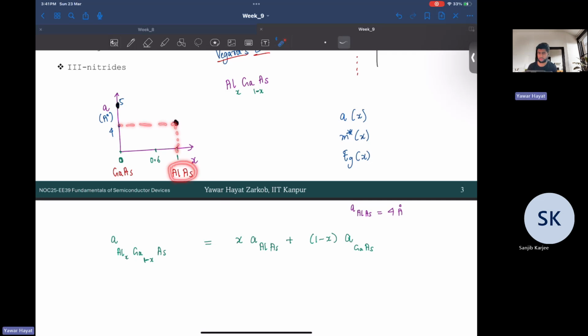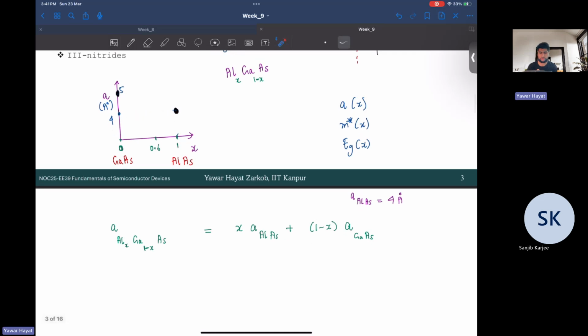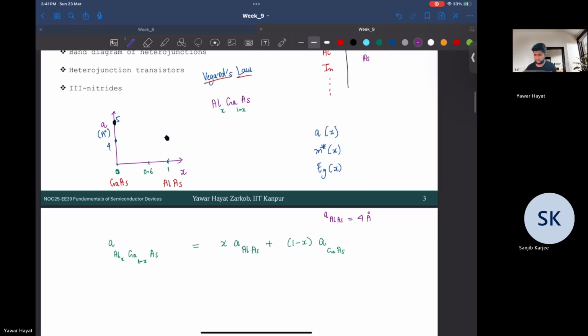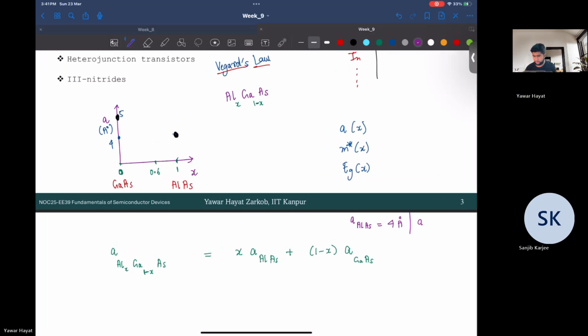And we also know the lattice constant of gallium arsenide. Wait, it's 5 angstrom, right? For gallium arsenide, it's 5 angstrom.